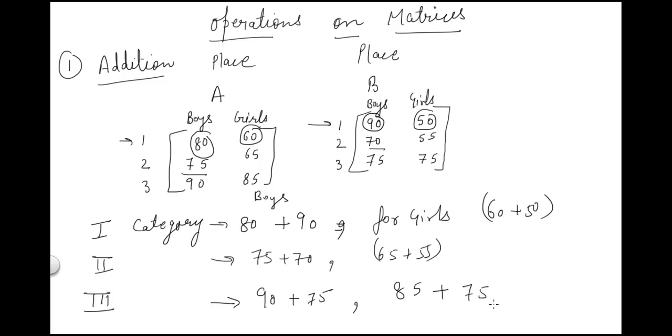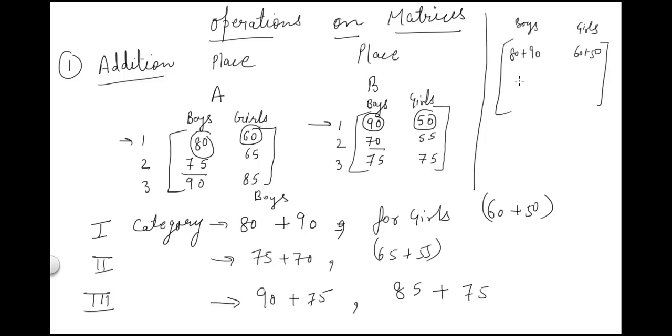Clear? Thus this data can be represented in matrix form as, I'm just writing here because it will be relatable. The first element is 80 plus 90. The second one is 60 plus 50 for girls, because we have to write for boys in first and for girls here.